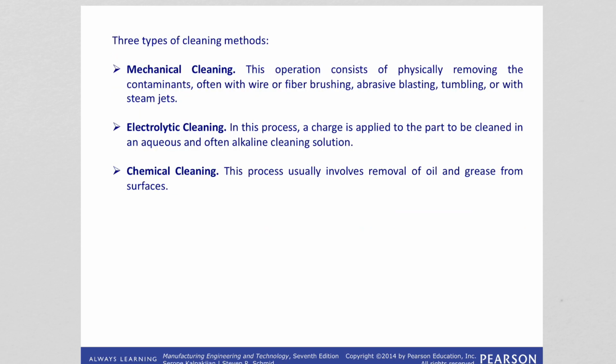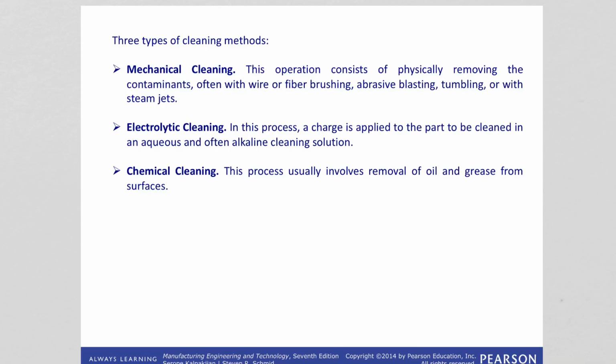There are three ways to do it. Mechanical cleaning is just physically removing the contaminants with a wire or fiber brushing, or abrasive blasting, tumbling, or with water jets, or ultrasonic cleaning, which is effective to remove rust, scale, or other contaminants on the surface.